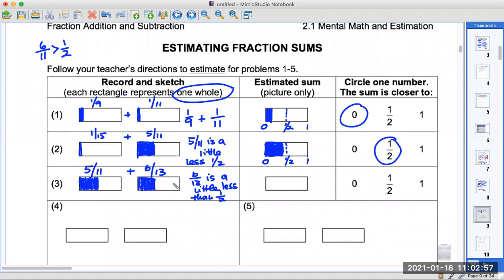So if you add these two, 0, 1, 1/2, you're going to be close to 1. Yep, close to 1.